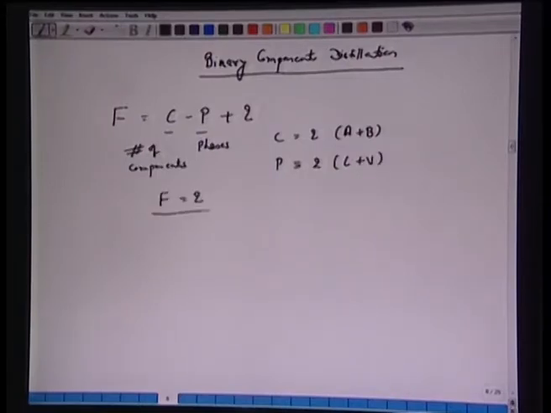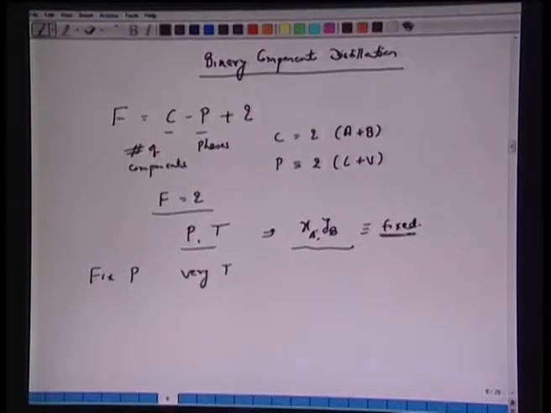All it means is, if you fix pressure and temperature, then X and Y, the mole fraction of A in the vapor phase and in the liquid phase, are fixed.